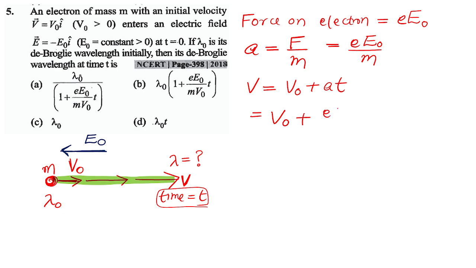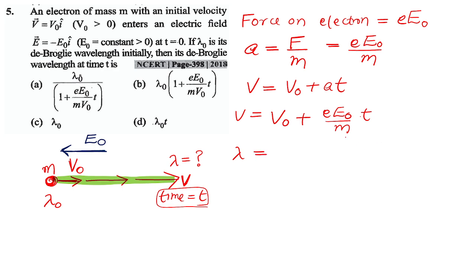Acceleration is eE0 divided by m, into t, correct? The speed will be increased. So I got v. Then we have to find out lambda.